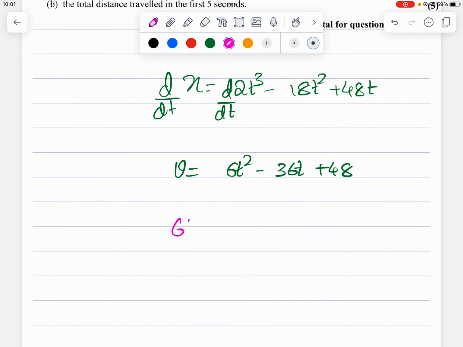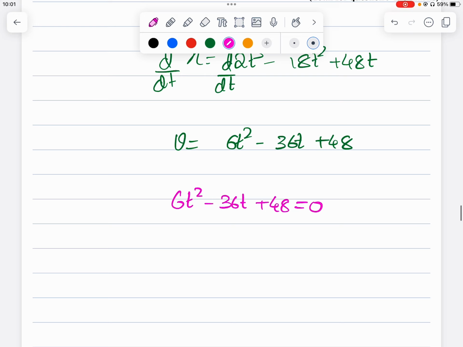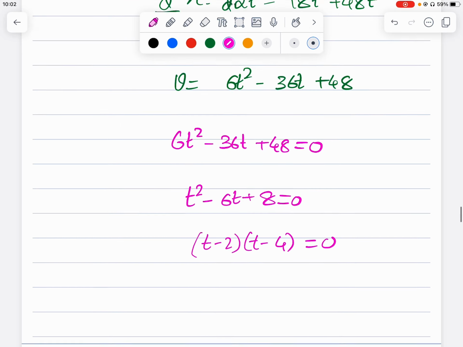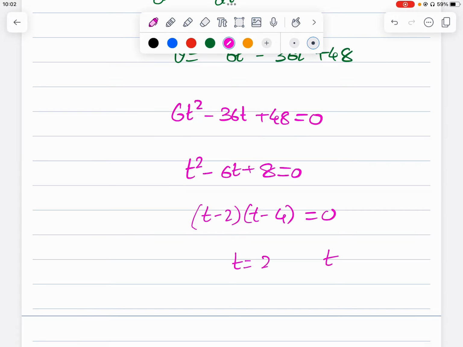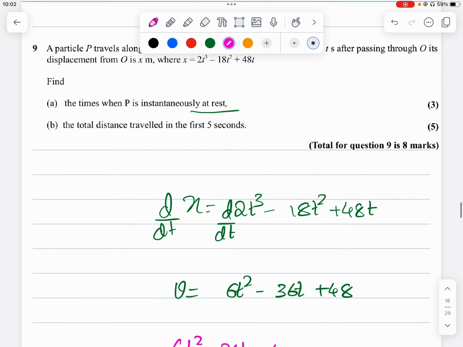That should be equal to 0. Divide by 6. It becomes t square minus 6t plus 8 equals 0. So factorize it out. (t minus 2)(t minus 4) equals 0. So t equals 4 or t equals 2.